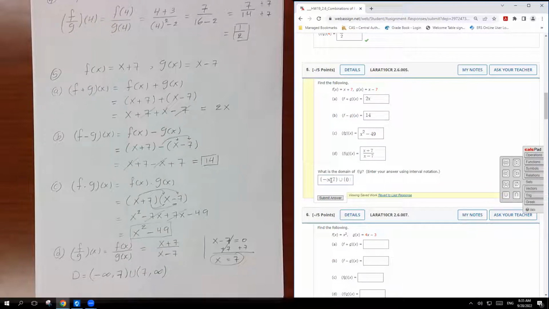And another parenthesis, start again from 7, comma, to infinity. Check this one.